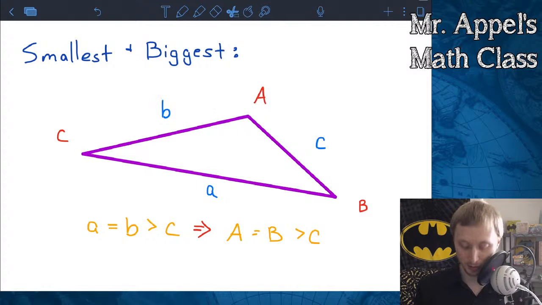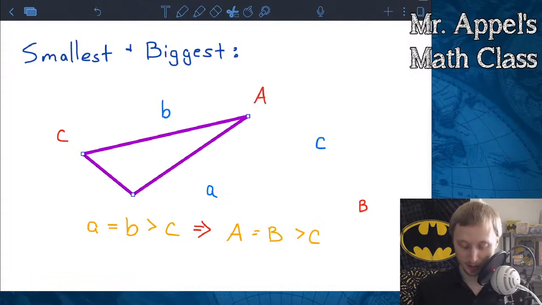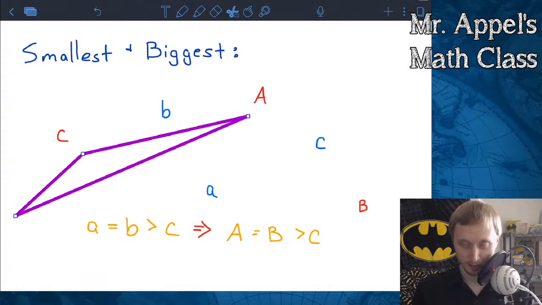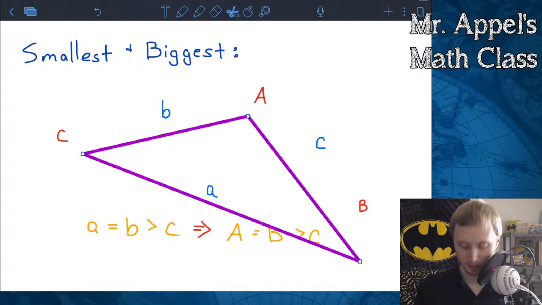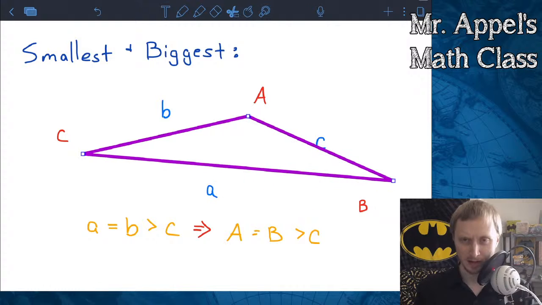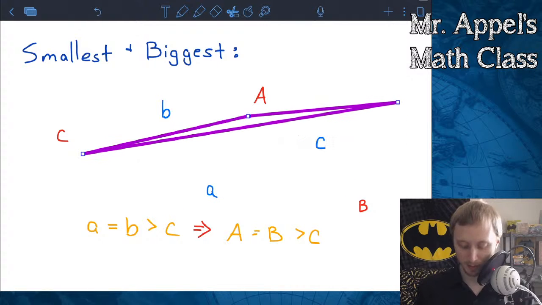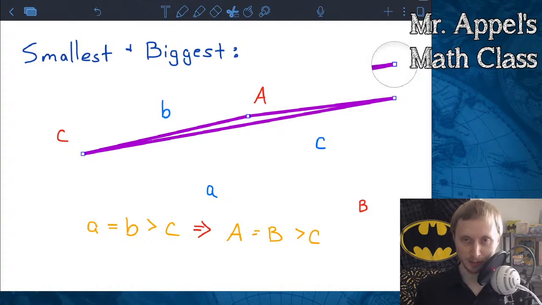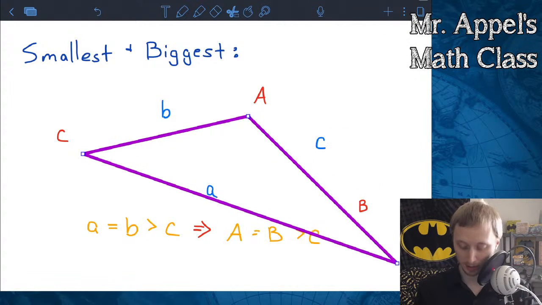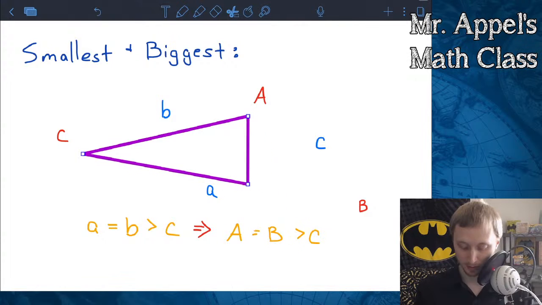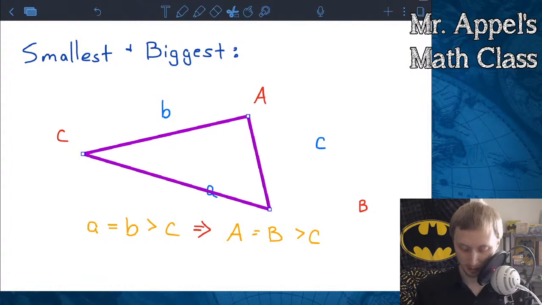We can see that that's going to hold up no matter how I move this guy around. Okay, confirm for yourself, right? Anywhere I move this, even this extreme little sliver here, A is by far the biggest angle, and A is definitely still the biggest side.